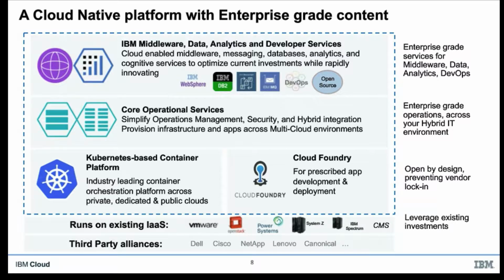So on top of that are the core operational services that IBM really adds for a value add on top of your Kubernetes platform, on top of your Cloud Foundry platform. So those are things like our security tools, our management tools, being able to manage multiple clouds from a single pane of glass, enterprise class logging, aggregation, those sorts of things. And then on top of that is everything that you can actually deploy on this cloud.